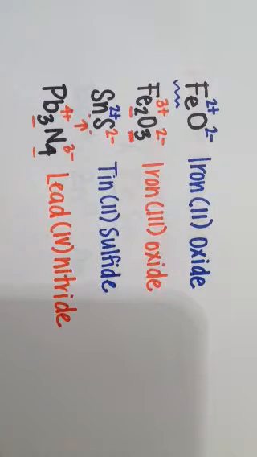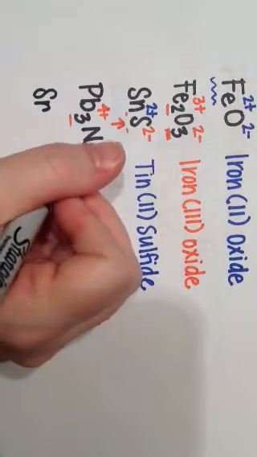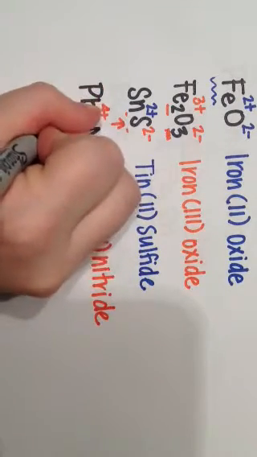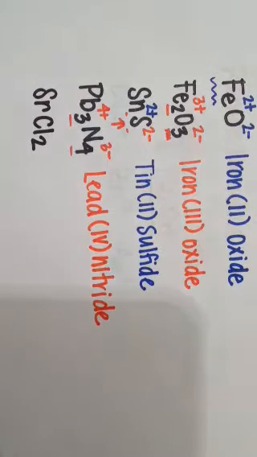All right, so it's important that you understand how to figure out which ones need Roman numerals and which ones don't, because you're going to get a mixture. They could all just be thrown in there together. Like for instance, if you had SrCl2, we look up Sr. Sr is strontium, and strontium is an alkaline earth metal.